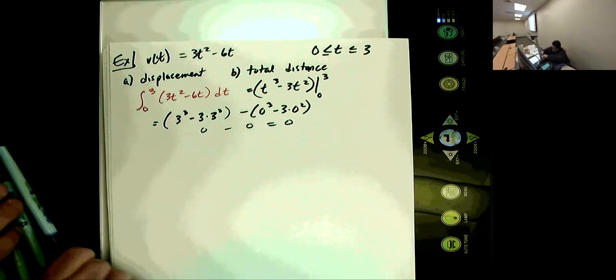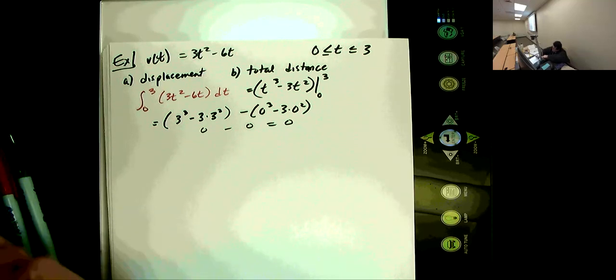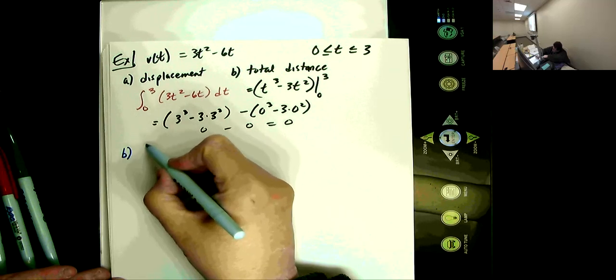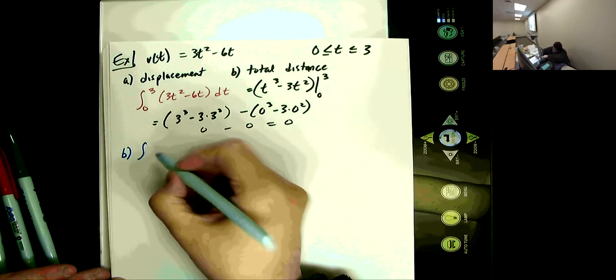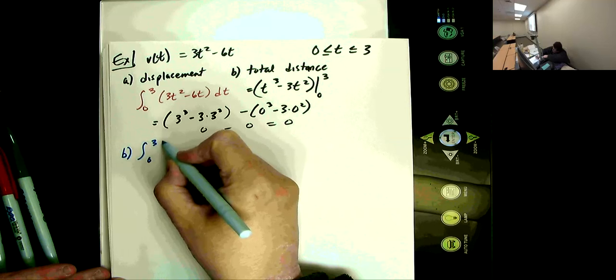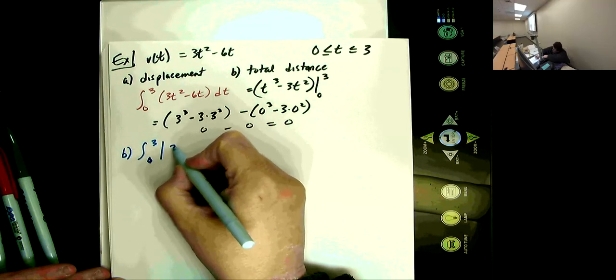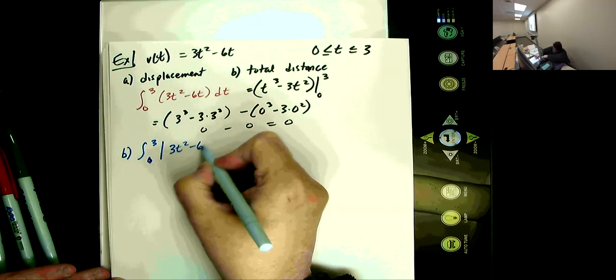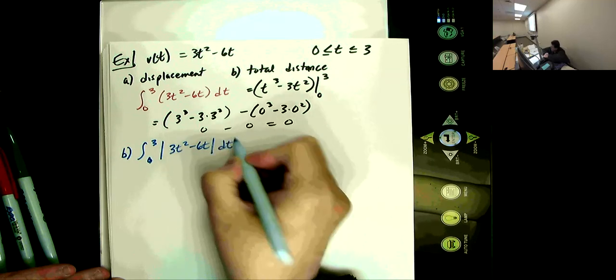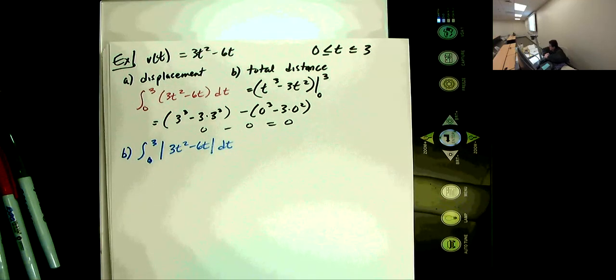So total distance changes it up. We're doing 0 to 3, but now we need to do the absolute value of 3t squared minus 6t dt. And this requires us to remember what absolute value means in terms of functions.